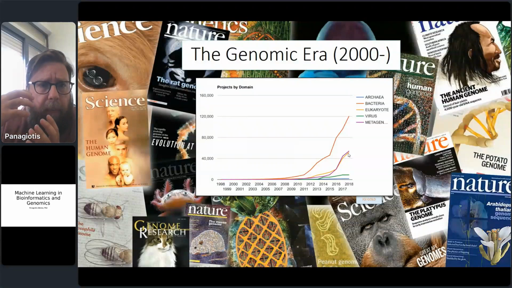To do it experimentally is almost impossible. So everybody's building machine learning models that can take the information we have from well annotated species like human and apply it, for example, to other species.